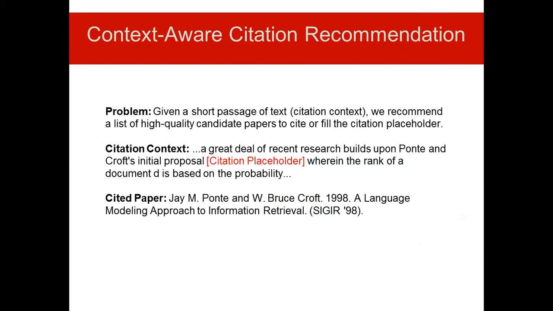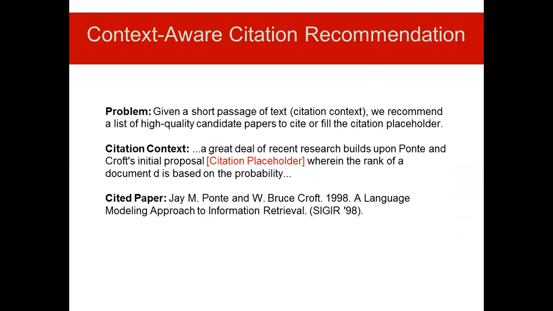The last work I want to talk about is called context-aware citation recommendations. It's from my group. The task is to recommend the references to cite when you write a research paper. When we write papers, we also want to find the relevant papers to cite.